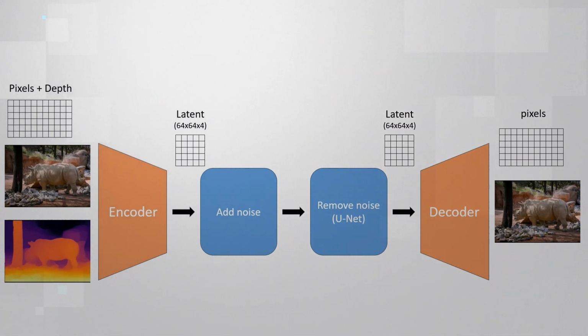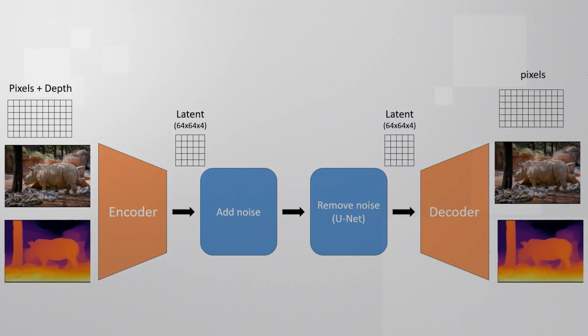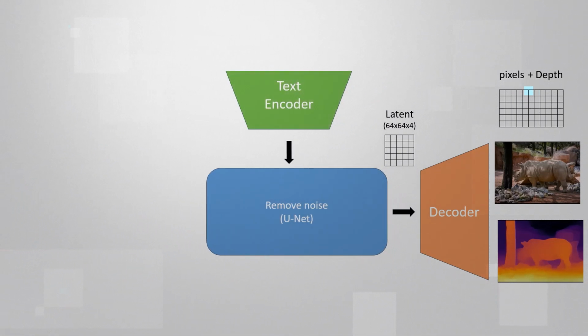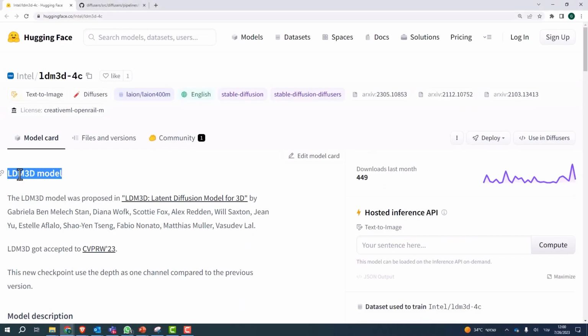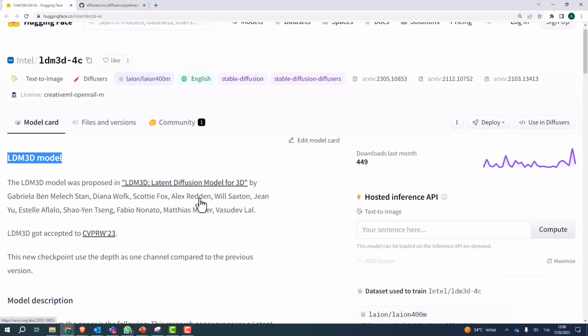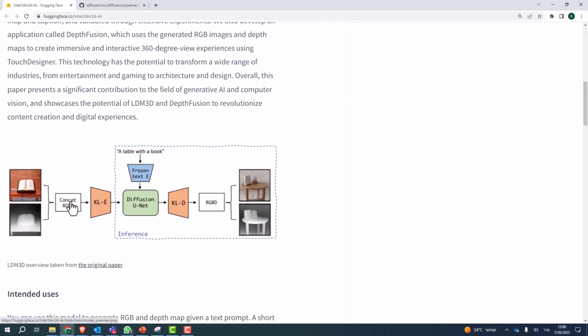They trained the modified encoder and decoder and then fine-tuned the UNet model to eventually produce resulting RGB and depth images, which could be done by us at the inference stage, using a text prompt as a regular 2D Stable Diffusion.